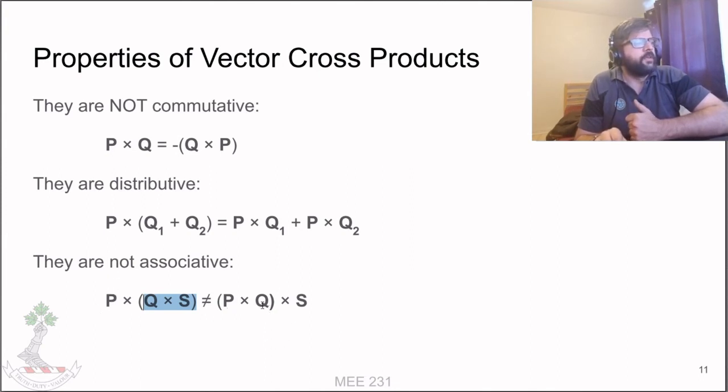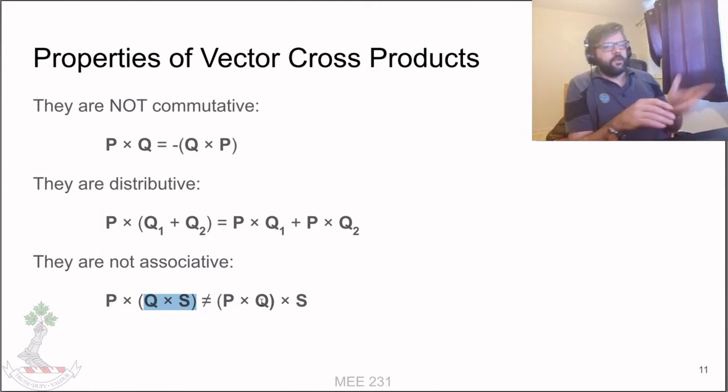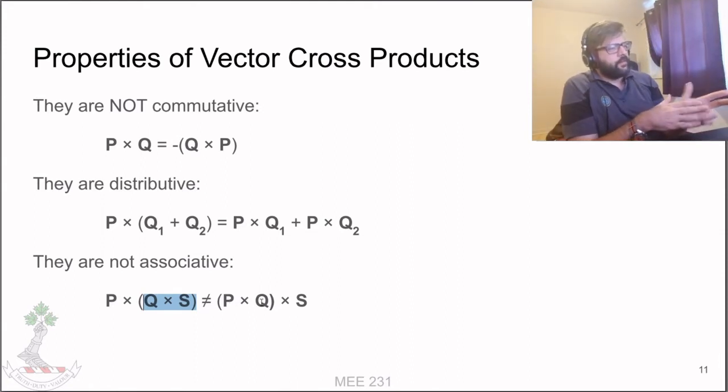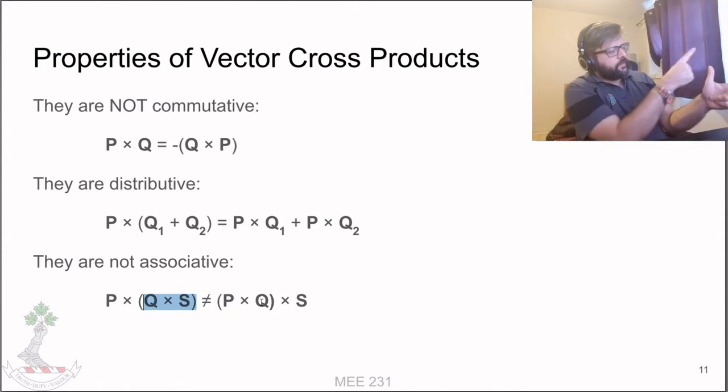P cross Q, if our y-axis is in this direction, and our x-axis is in this direction, then our vector would be in this direction.